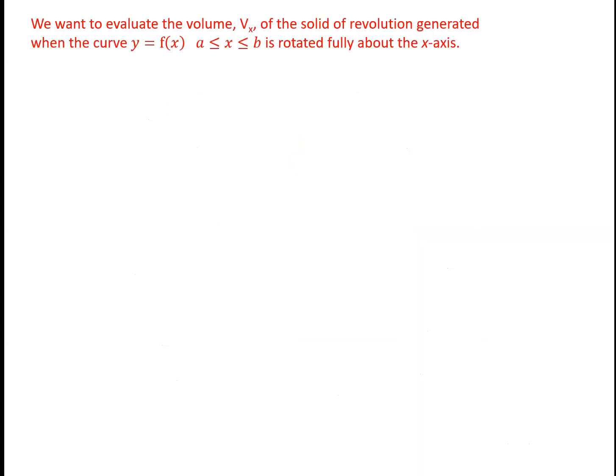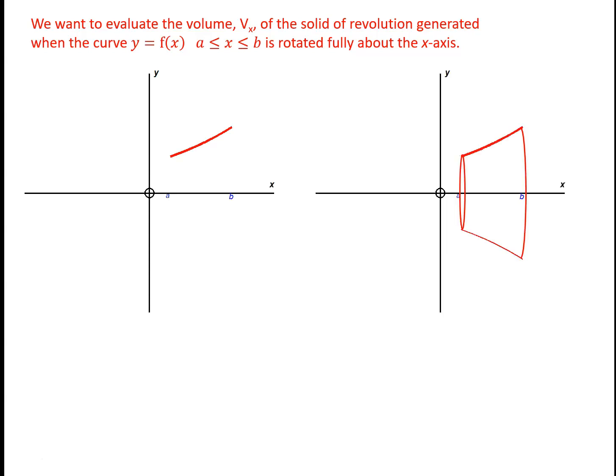So, we're attempting to evaluate the volume of a solid of revolution generated when the curve y equals f of x between x equals a and x equals b is rotated fully about the x-axis. So there's my little bit of the curve, and there's the resulting solid of revolution.